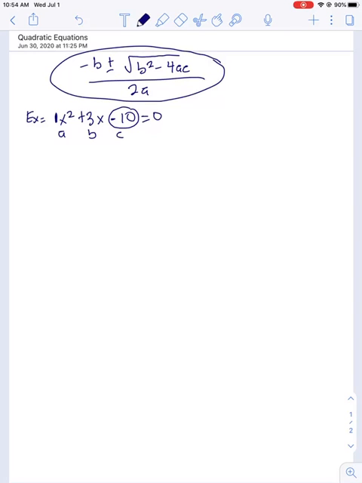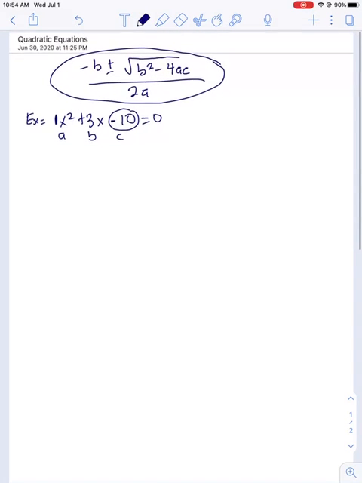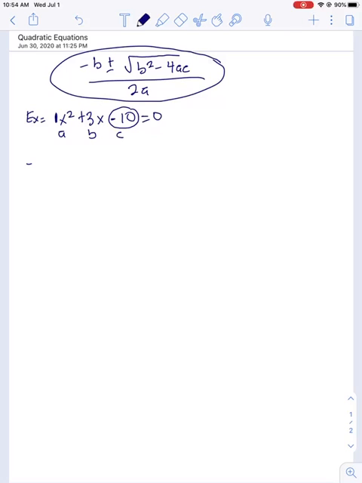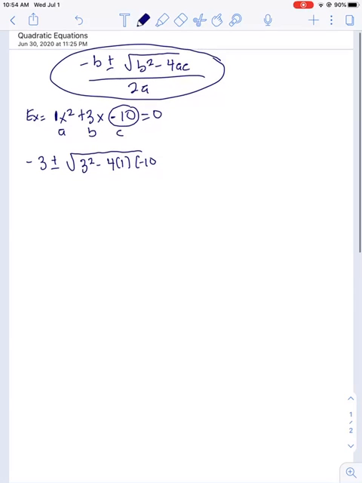So negative b is going to be negative 3, so negative 3 plus or minus the square root of b squared, which is 3 squared, minus 4 times a, which is 1, times c, which is negative 10, all divided by 2a, so 2 times 1. Now let's break this down a little bit further.